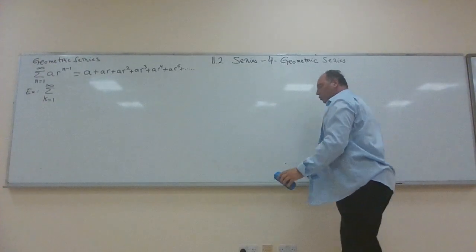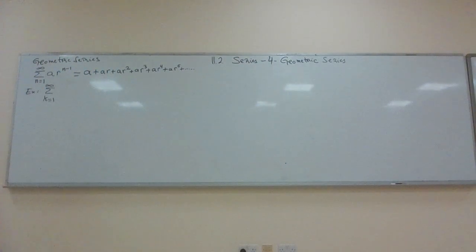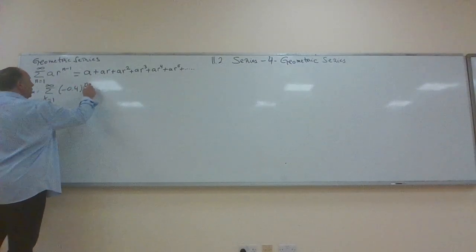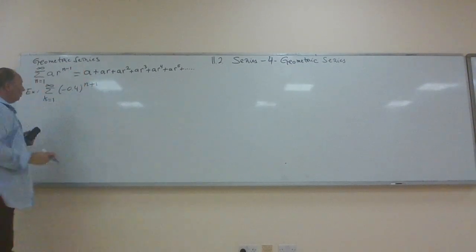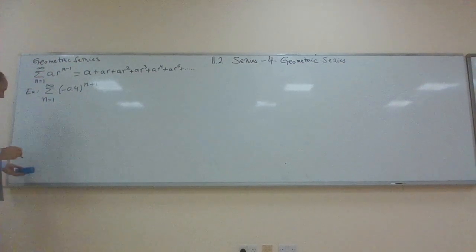So that's important to notice. So let's say we have something like this to power n plus 1. I'll change here for n. So we have different indices just to practice a little bit with different indices.